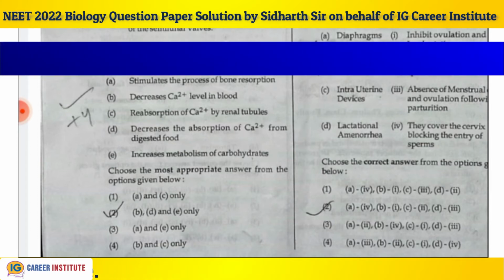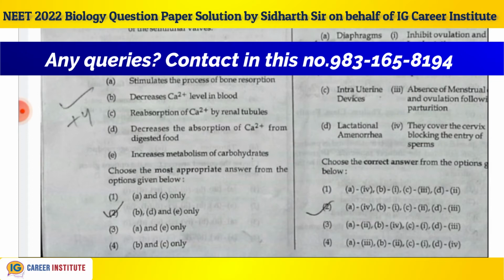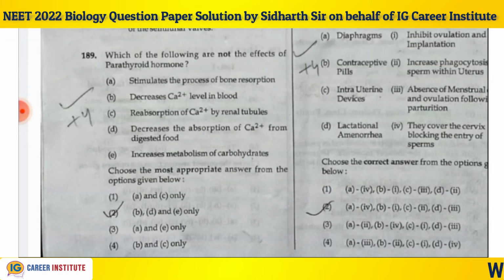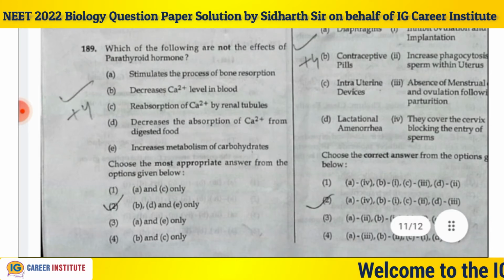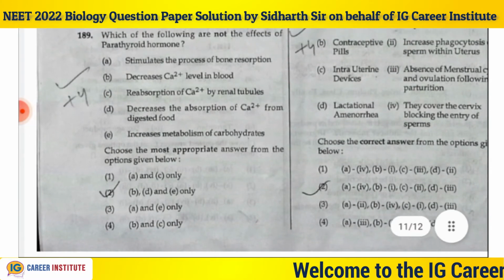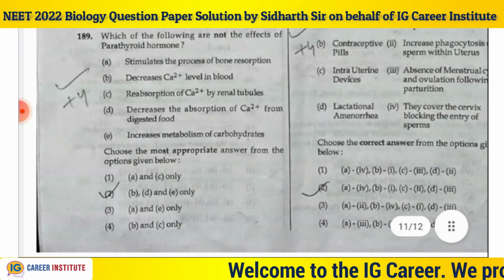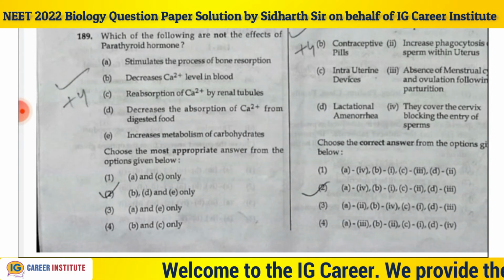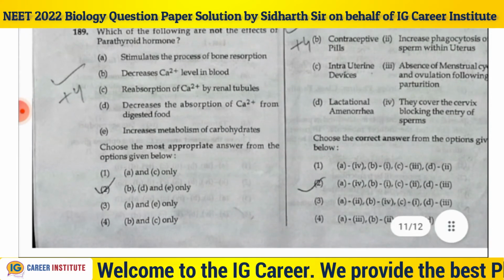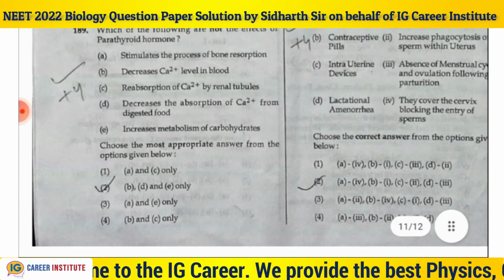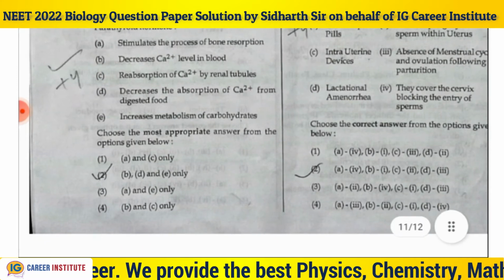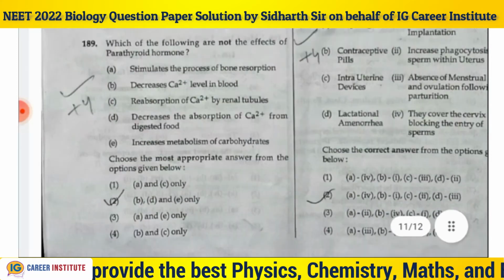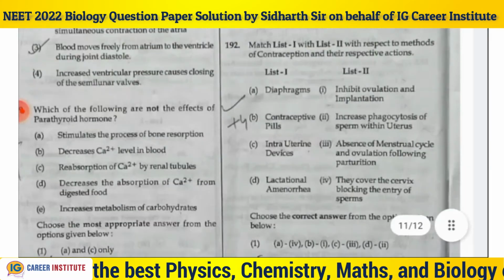No, because it increases the absorption from the bones, so definitely calcium level will increase in blood. Okay, so B is not a function. Reabsorption of calcium by renal tubules, definitely. Decreases the absorption of calcium from digested food, it is false. Increased metabolism of carbohydrates, false. So B, D, E, option 2.